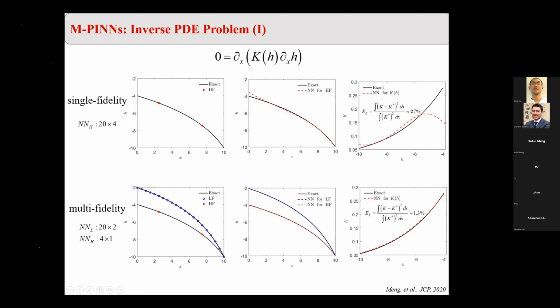The relative error for the permeability is about 30% for single fidelity modeling. And if we use the low fidelity data and the high fidelity data here, and use the multi-fidelity PINNs to solve this inverse problem, this is the prediction for the pressure field, and this is the prediction for the permeability field, which is much more accurate than single fidelity modeling with the same number of high fidelity data.